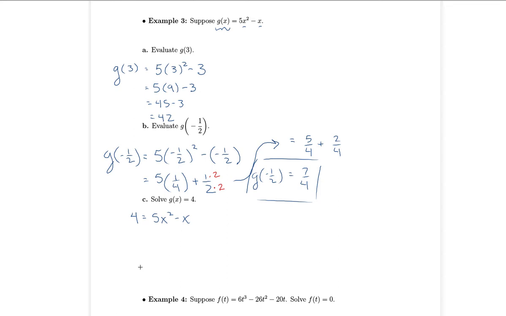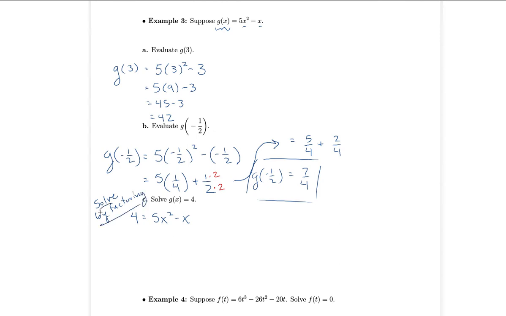All right, so here's a quadratic equation for us to solve, and there are many different techniques to doing that, and throughout these next few examples, I'll remind you of those different techniques. In this one, let's go ahead and solve by factoring.